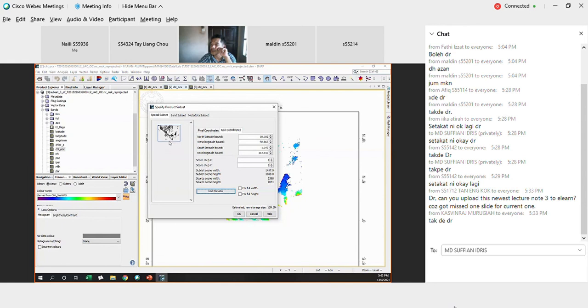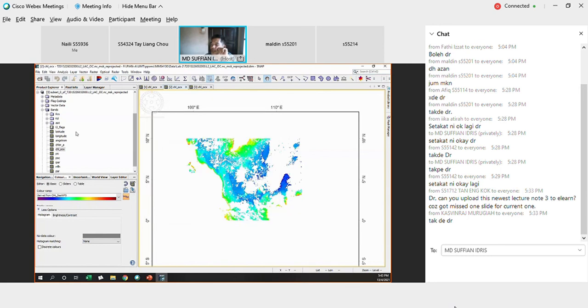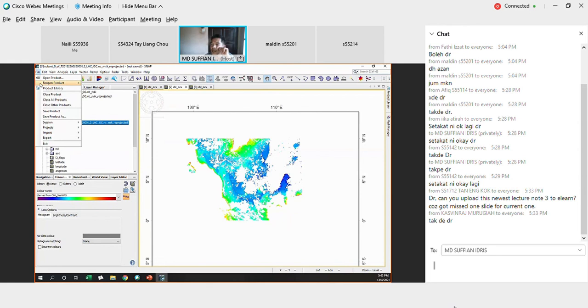Fitkan, okay, supaya dia betul-betul. Okay. And then okay. So dia akan produce, okay, di subset lah. Yang ini dia tak save lah, you kena save. Okay. And then file, save product. Okay, you kena save your product. Okay.